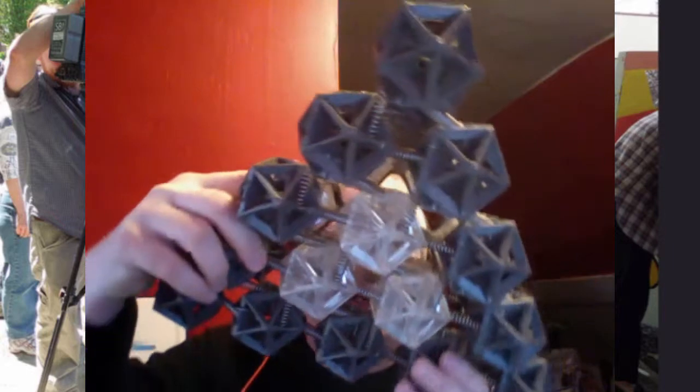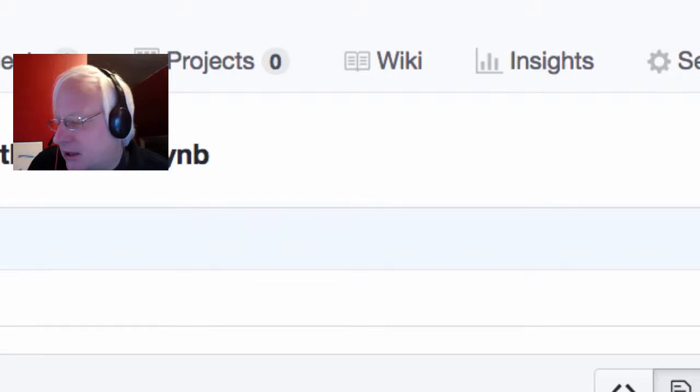This is flextegrity pre-C60, and the centers of these icosahedrons, which are held together flexibly by springs, are at the centers of what we call the CCP, or cubic-centered packing. Why it's called cubic-centered? That's a history there.